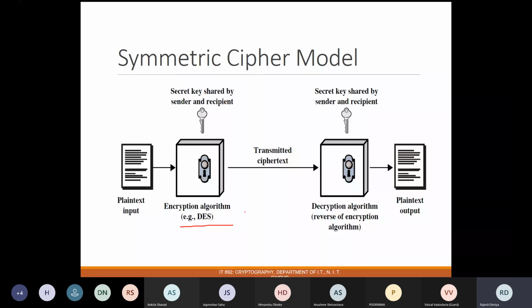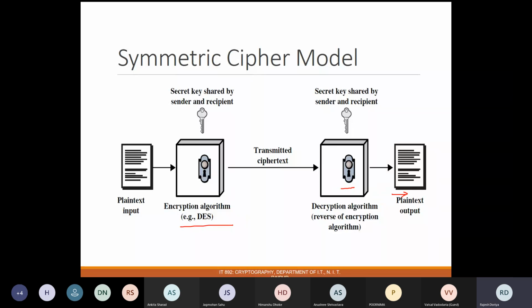Then after encryption, we send this ciphertext to the other party. Then the other party uses the shared secret key in order to decrypt the data. So after decryption, again the plain text or the message is provided to the recipient.